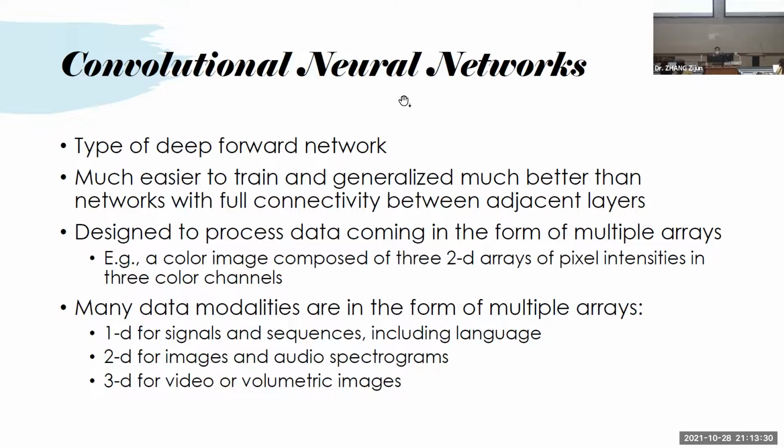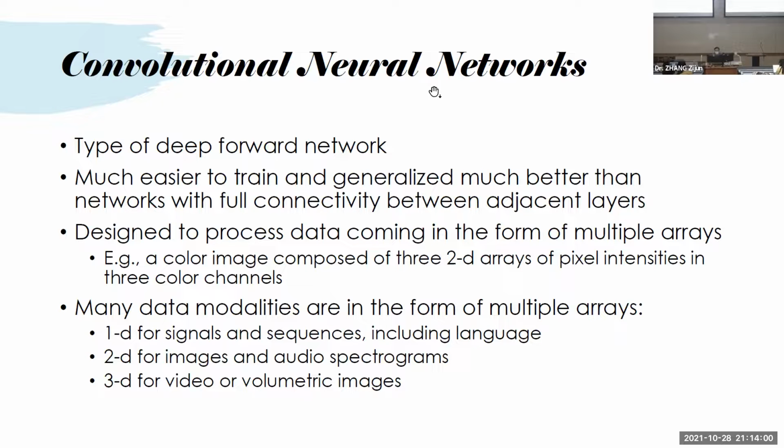There are different architectures for convolution. The recurrent neural network has famous variants, whose names are even more famous than RNN. They are LSTM, long short-term memory, and also gated recurrent units, GRU.